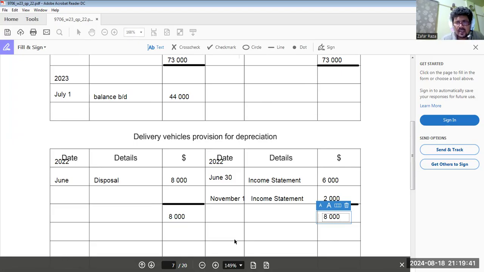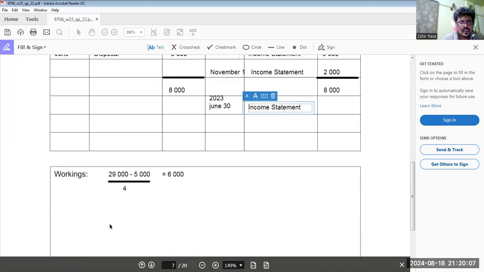Okay. Again, the second depreciation would be calculated with the new machine. Okay. That would be calculated on 2023 June 30. And that was again income statement. How much? The cost of new vehicle was 44,000 minus 8,000, its scrap value.